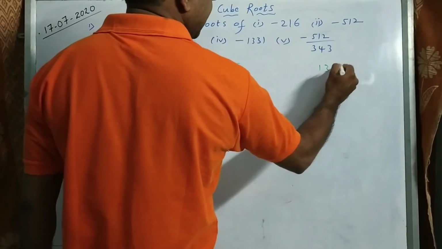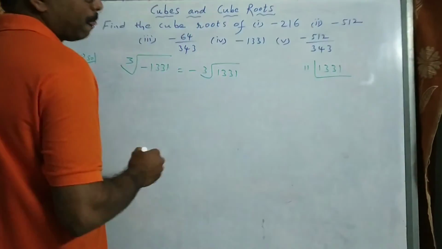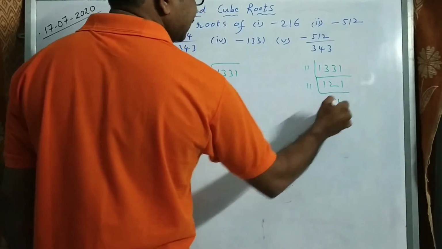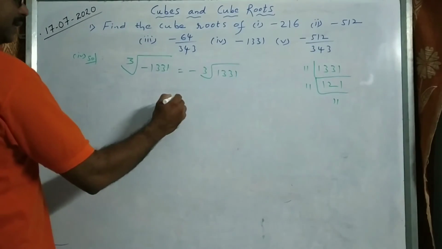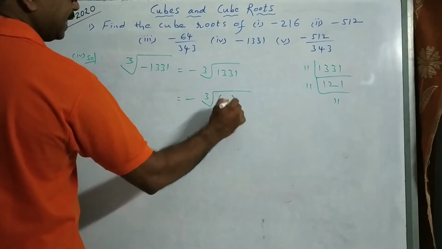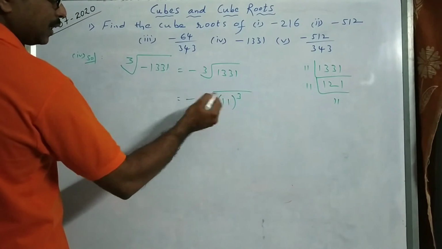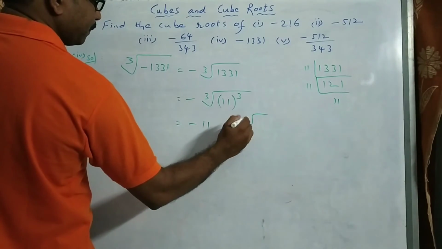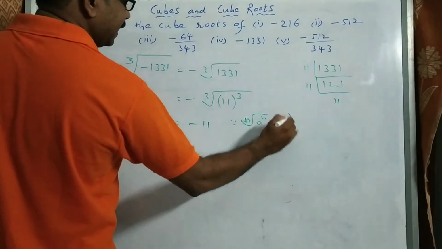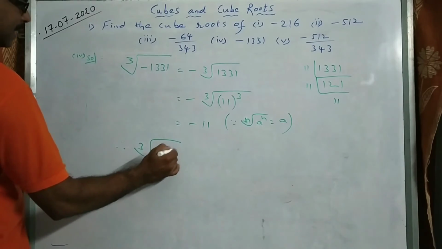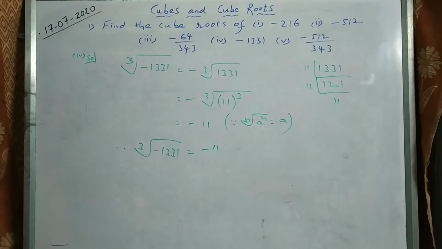So 1331: 11 ones are 11, 11 twos are 22, and 11 elevens are 121, so directly it is a perfect cube. So minus cube root of, this I can write as 11 cube. Now the cube root and the cube get cancelled, so the answer is 11. The nth root of a to the power n will be a. So the cube root of minus 1331 is minus 11, the final answer.